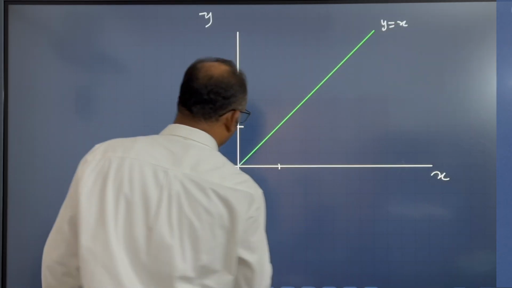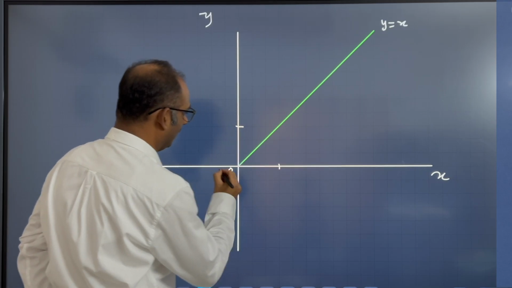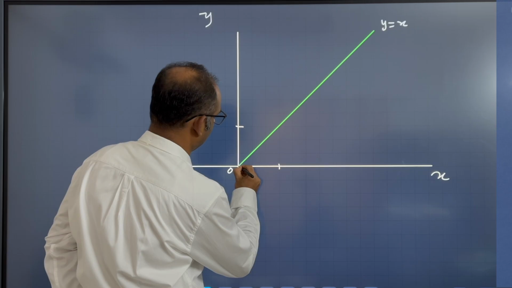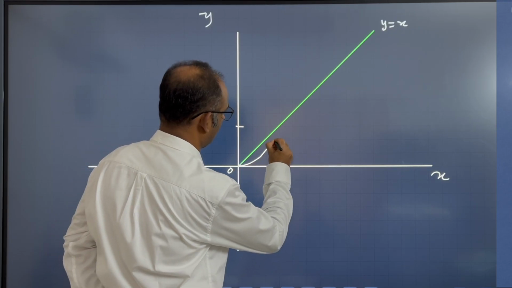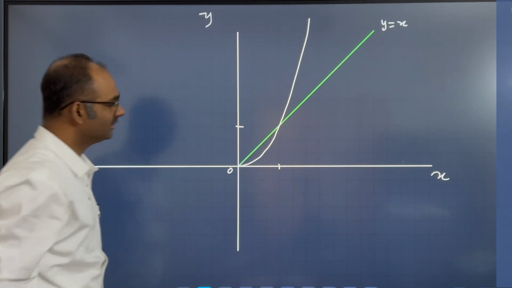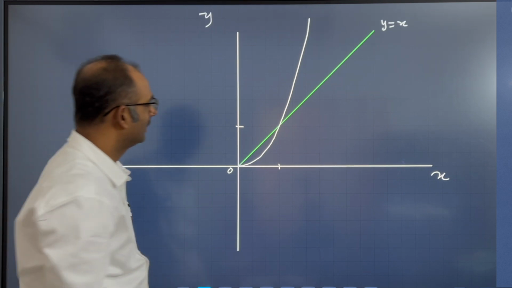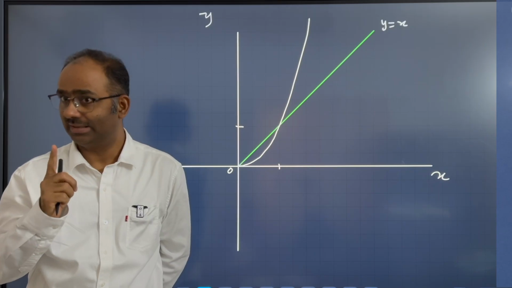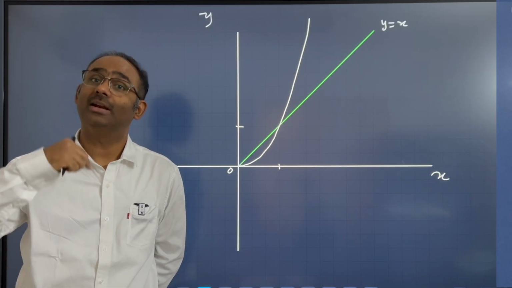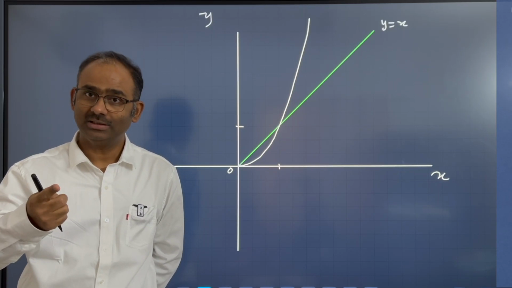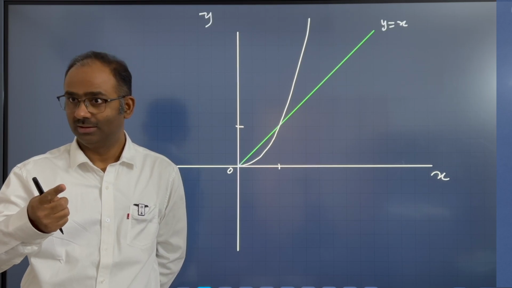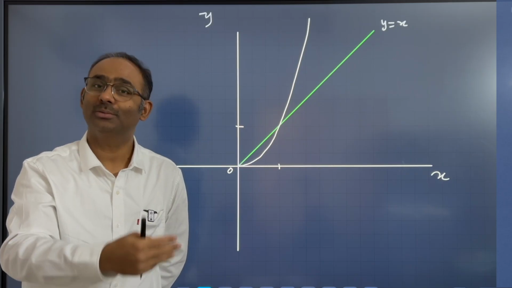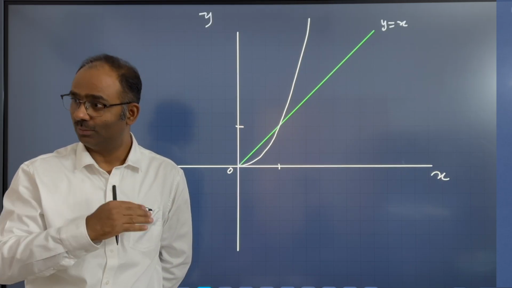Now, x square, let's draw x square. Okay, something of this sort. Then I draw x cube. X cube will grow faster than x square for x values larger than 1. Is this point clear? Right? But it will have lower values compared to x square when x is below 1.